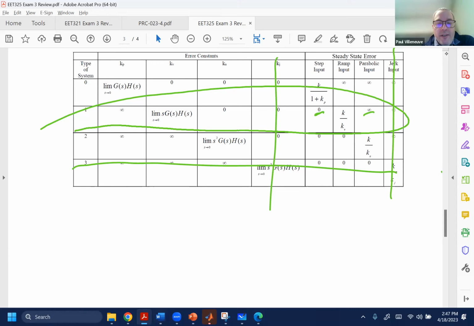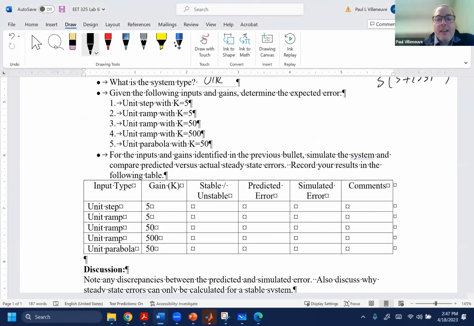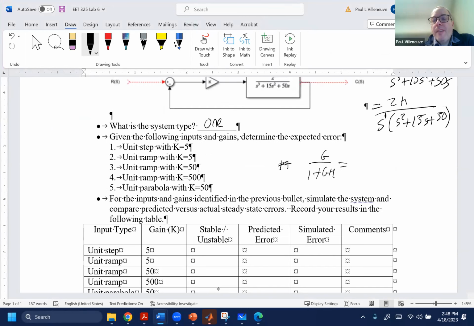So the very first thing I do, this is a unit step input. Stable or unstable: G over 1 plus GH is going to be equal to 2K over S cubed plus 15S squared plus 50S, all over 1 plus 2K over S times S squared plus 15S plus 50.